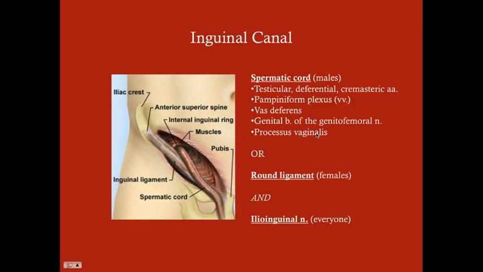The processus vaginalis is really of no concern to us as long as it's closed. But in about 10% of males, the processus vaginalis does not completely close, and so there's communication between the peritoneal cavity and the scrotum, and so that can cause a hydrocele.